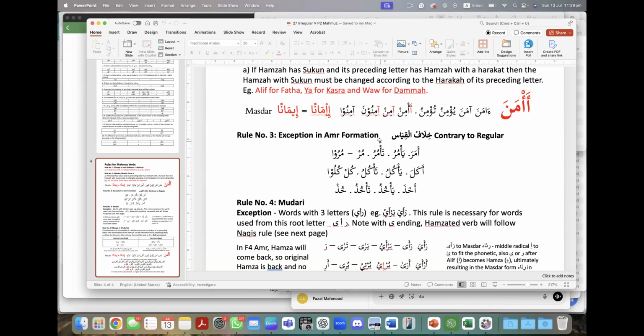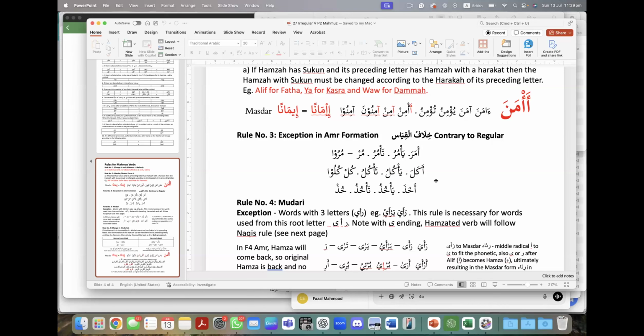It doesn't apply here. So Hamza with sukun is gone. So amr is mur.